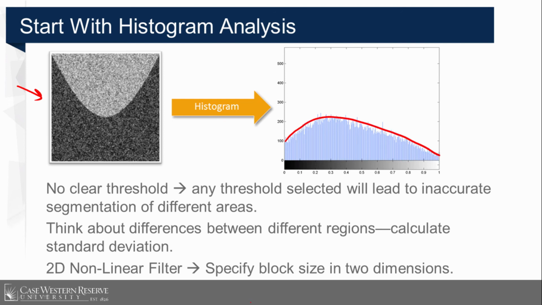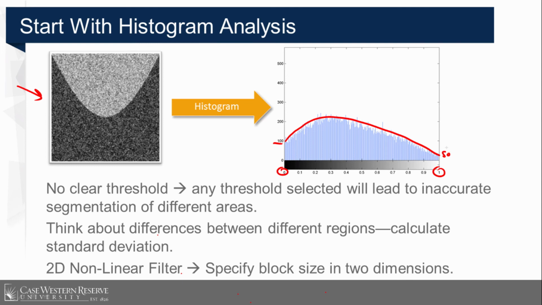All right, so my values are running here from 0 to 1, and I have 100 pixels with a value of 0 approximately, maybe 50 with a value of 1 over here, but there's no clear separation between these two different segments like there was in our brain image. So here there's no really clear threshold, and any threshold that I select will lead to an inaccurate segmentation of different areas.